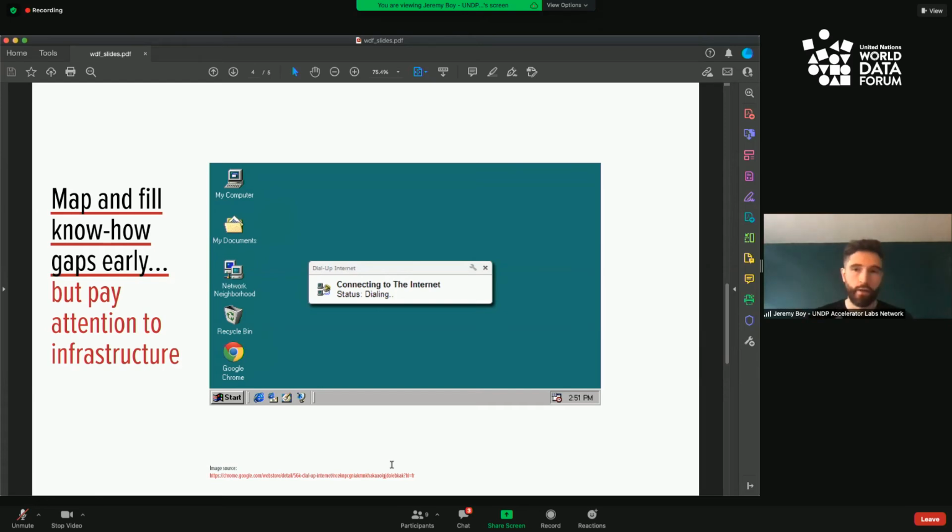The second one is obviously there was an infrastructure problem, and I think there needs to be, typically in large organizations, a better alignment between digitalization agendas and data agendas, or digitalization strategies and data strategies. Of course, they go hand in hand, but they are often somewhat disconnected, or only indirectly connected. So I think this example really pushes for that.